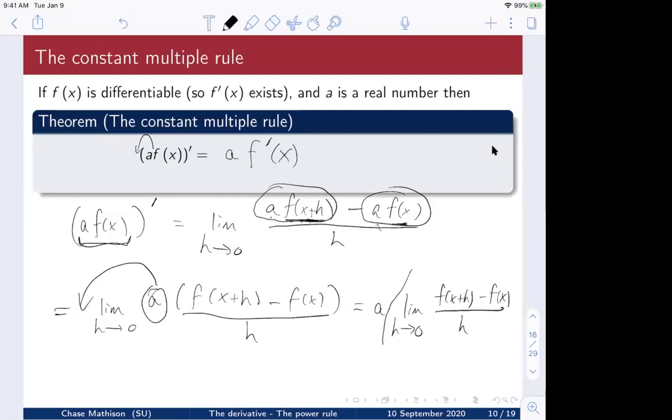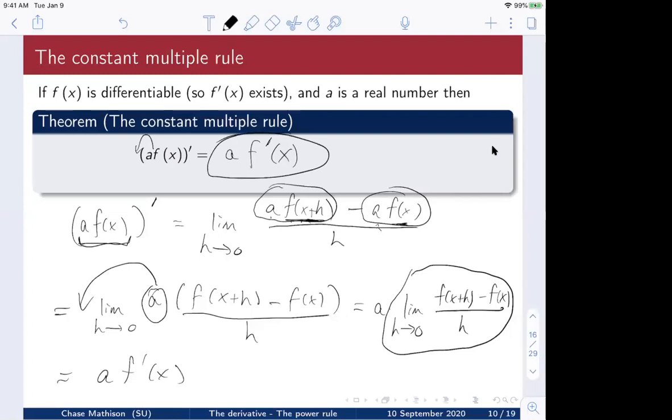And what is this bit here? f prime of x. Yeah, perfect. That is just the definition of f prime of x. So then this whole thing is equal to a times f prime of x, exactly what we wanted to show.